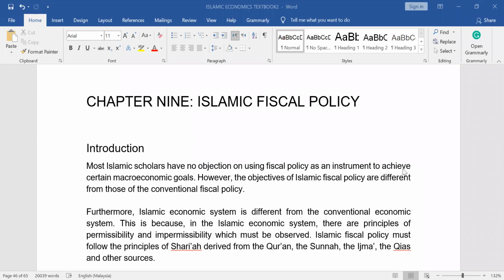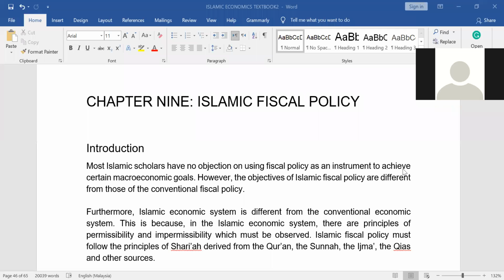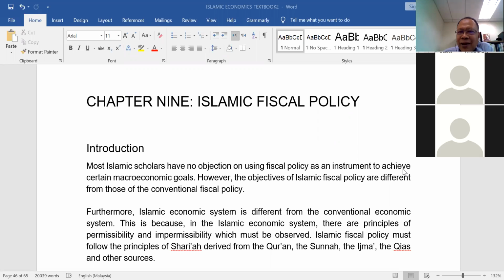Nurul Akila. Ya, Doktor. Ada soalan? Tak ada. Tak ada juga. Muhammad Syauki. Ya, Doktor. Ada soalan? Tentang makroekonomi. Tak ada. Semua tak ada soalan ni. Dengar je lah.